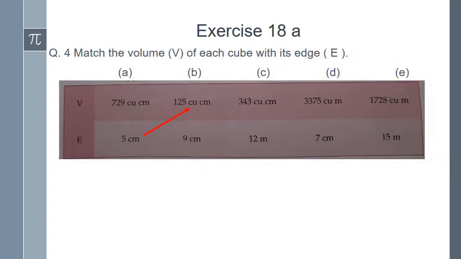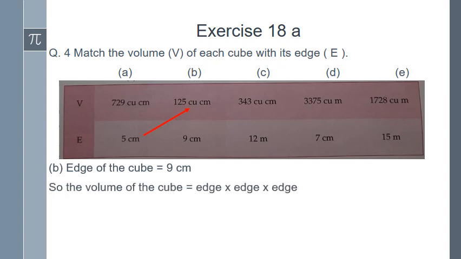So now children, in B part, the edge of the cube given is equal to 9 centimeter, right? So the volume of the cube is equal to edge multiplied by edge multiplied by edge, which is equal to 9 centimeter multiplied by 9 centimeter multiplied by 9 centimeter, which is equal to 729 cubic centimeter.